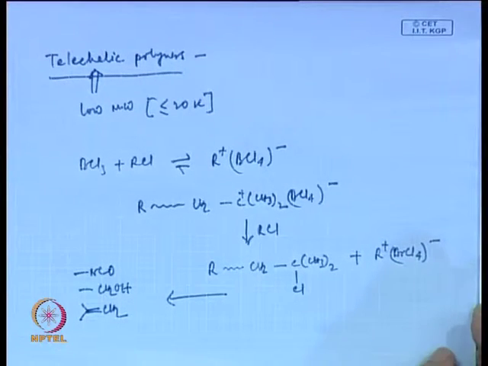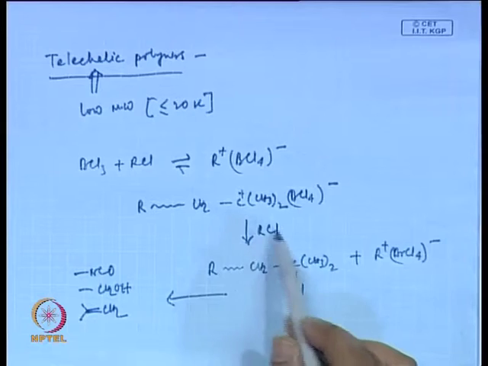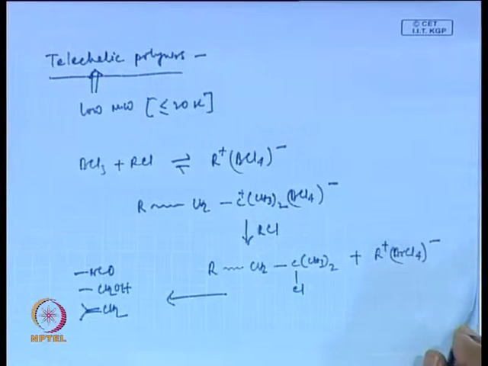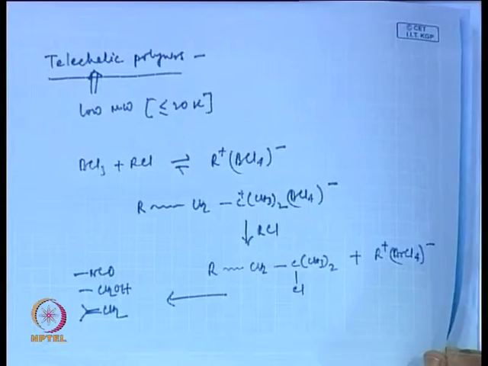So, in this way you can terminate a cationic chain polymer with the desired molecule, in this case alkyl halide, and you can make functional groups at the end, which you can utilize to form different functional groups, and then further reactions are possible on those functional groups.